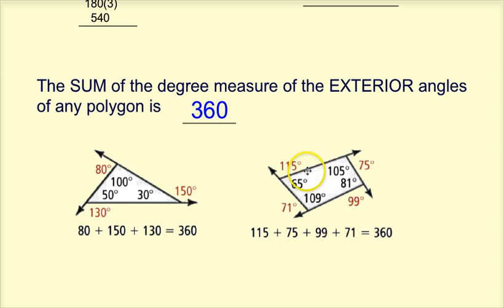Now I'm going to do the same thing for a quadrilateral. So the interior angles are in black right here. Those all add up to 360. I find each of these exterior angles in red, because remember they're supplementary, and if I add up 115 plus 75 plus 99 plus 71, it is 360.